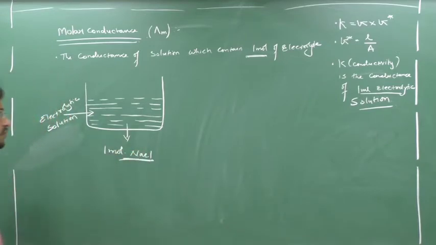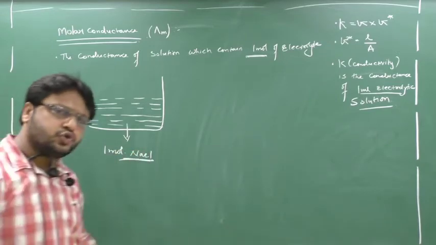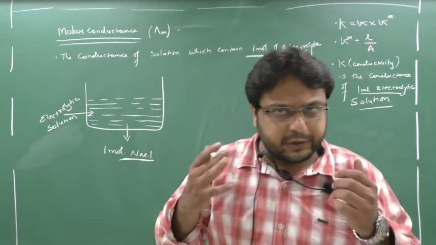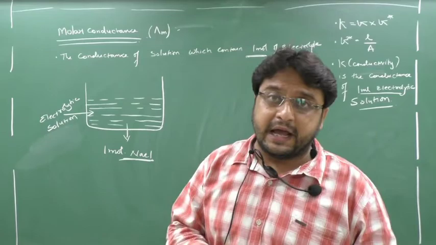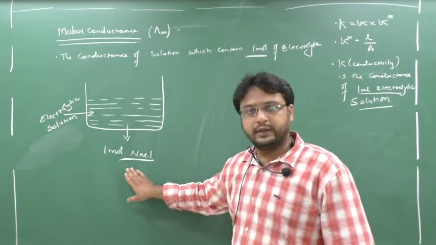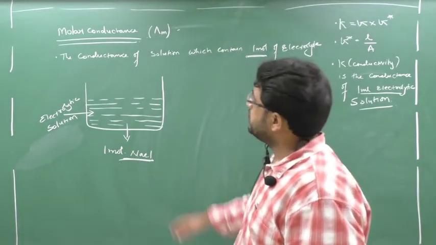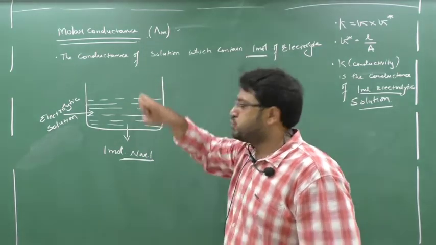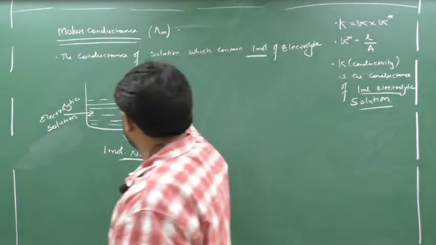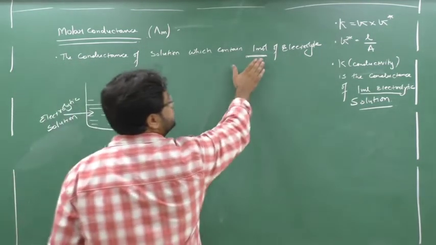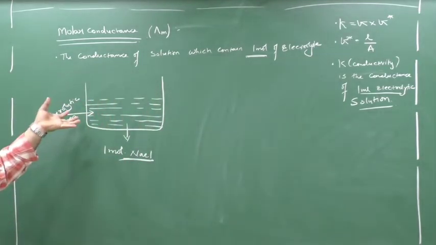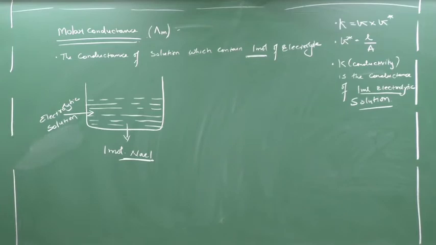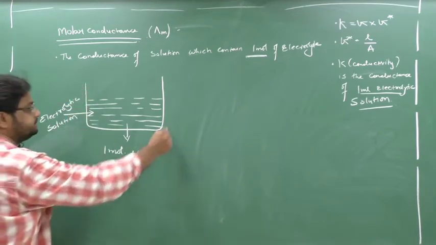Let the electrolyte be 1 mole NaCl. The volume can be 2 liter, 3 liter, n liter, but in that I have taken only 1 mole of electrolyte. So the conductance of such a solution, in which the electrolyte is 1 mole, is known as lambda m.